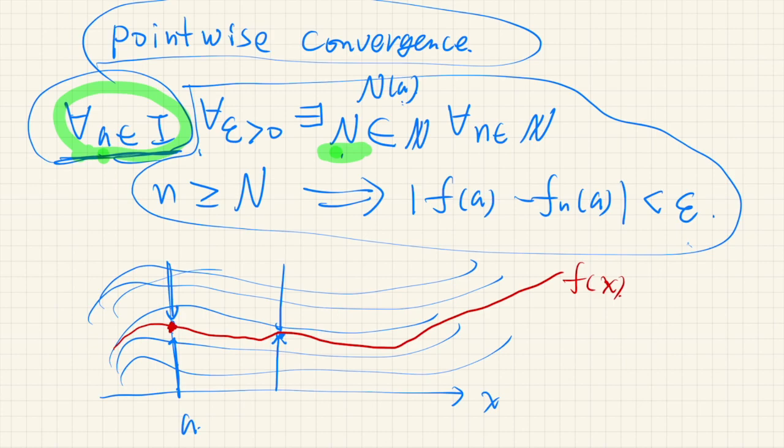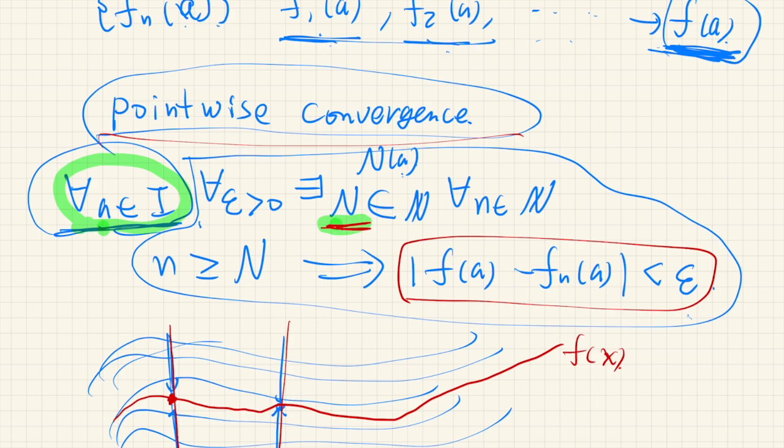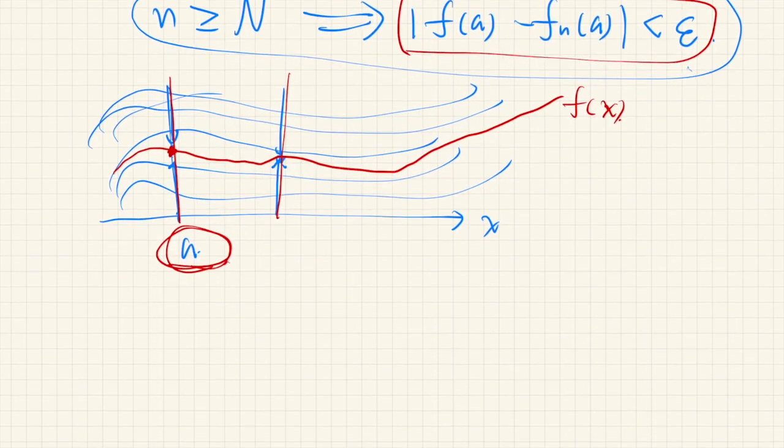But for each point, how many terms we need to ignore before this is achieved may depend on where we are here. So this may depend on this value of A. So in this case, it's pointwise convergence. And in the case of pointwise convergence, we simply write like this. As n goes to infinity, fn of x converges to f of x.